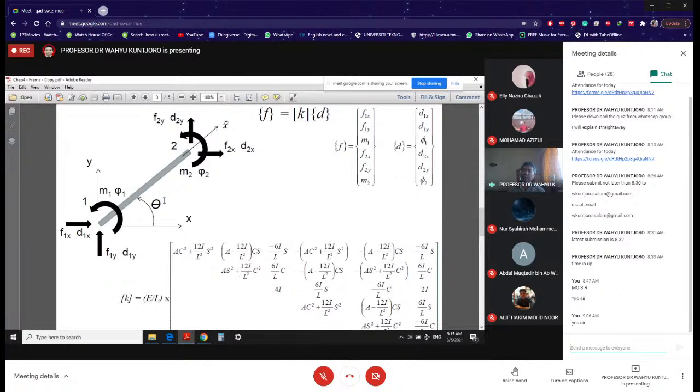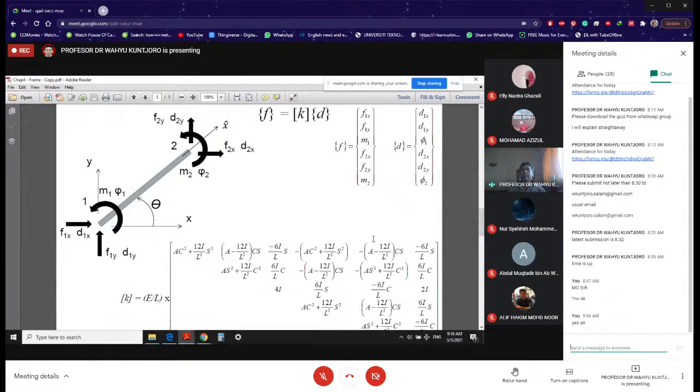The reason is because the positive x local is from 1 to 2. So you cannot do it in another way. If you don't do it in the way we agree, then you are wrong. So be careful, because you might make a mistake from the beginning.